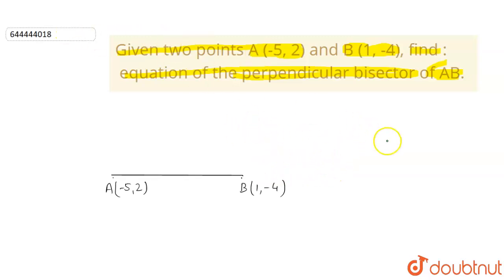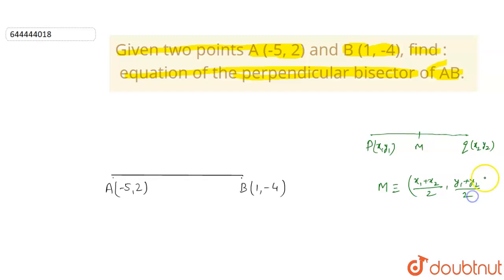If you have a point P which is x1 y1 and you have another point Q which is x2 y2, then the line joining these 2 points will be like this. And the midpoint of this line will be x1 plus x2 by 2, and y coordinate will be y1 plus y2 by 2.